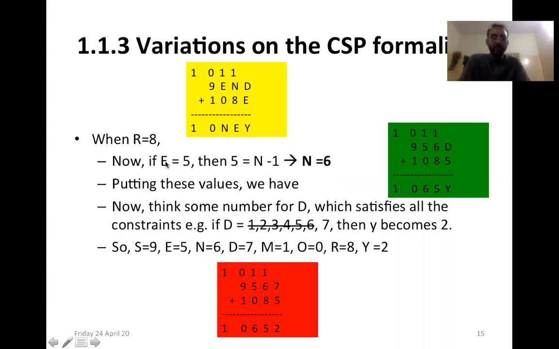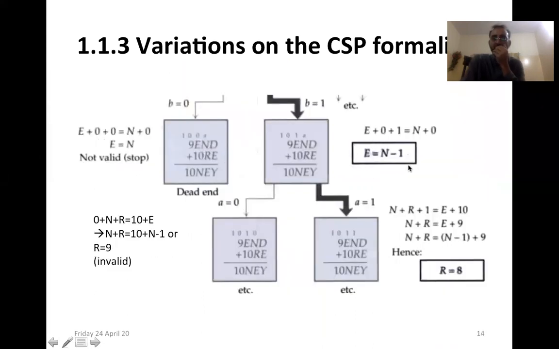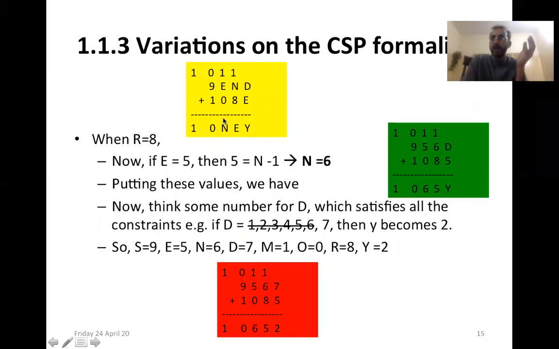So when we have E as 5, then by using this equation, you can conclude the value for N, or you can put this value E in this problem as I did, and then you can infer the values by yourself. If you put this 5 in that equation, E is equal to N minus 5, then N is equal to 6.